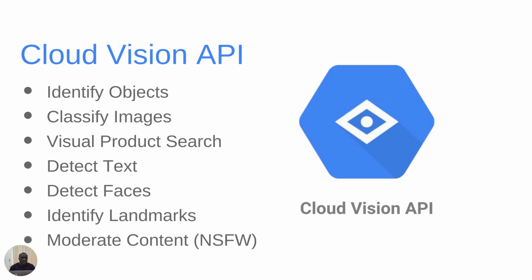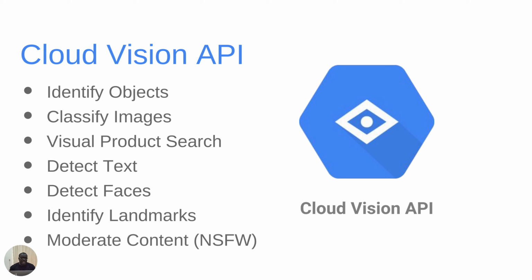Now, if you're not working on mobile, but you're working on web, you're able to call API endpoints. And GCP makes a certain number of APIs available for you to use. One example is the Cloud Vision API.